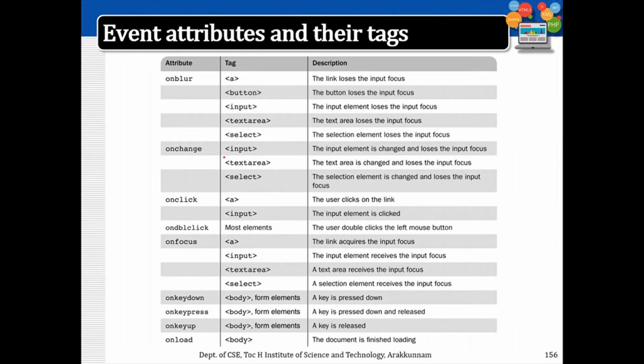Not all of these properties apply to all the elements. Some elements may be related to some attributes only. So for example, onblur can be used with anchor tag, button, input, text area, select, etc. Onchange applies to only input, text area and select, because the input value can be of different types, text, password, etc. These are the elements in which we can input certain values, so onchange of that value will be applicable to only these.